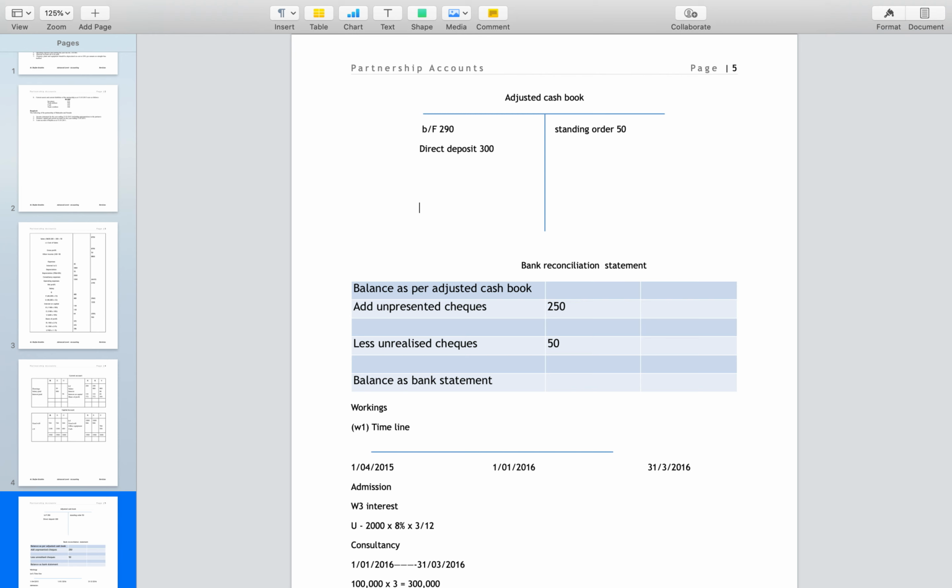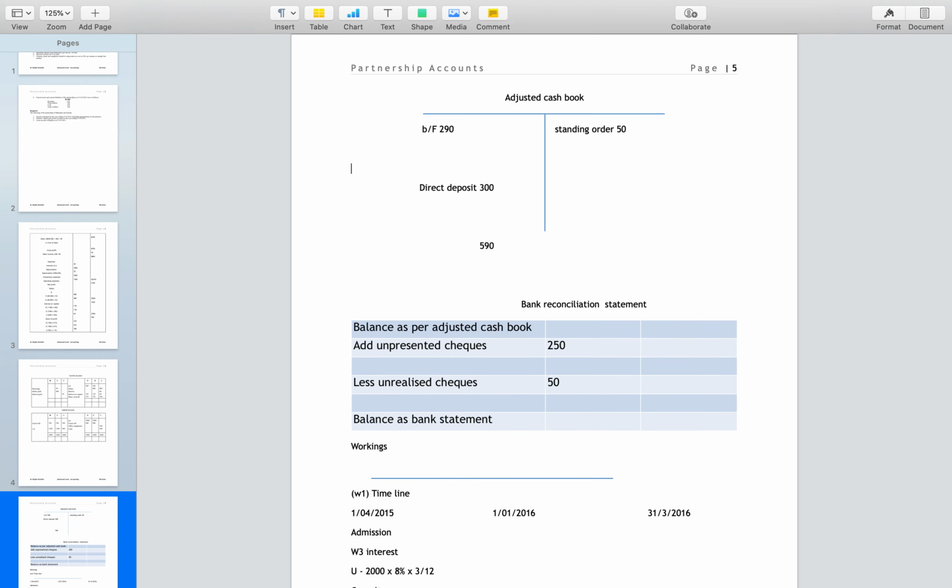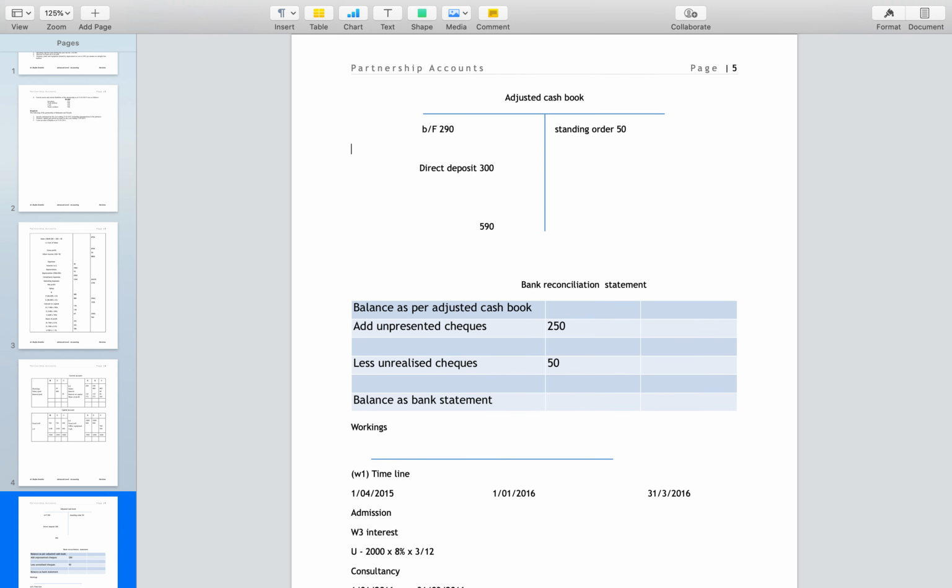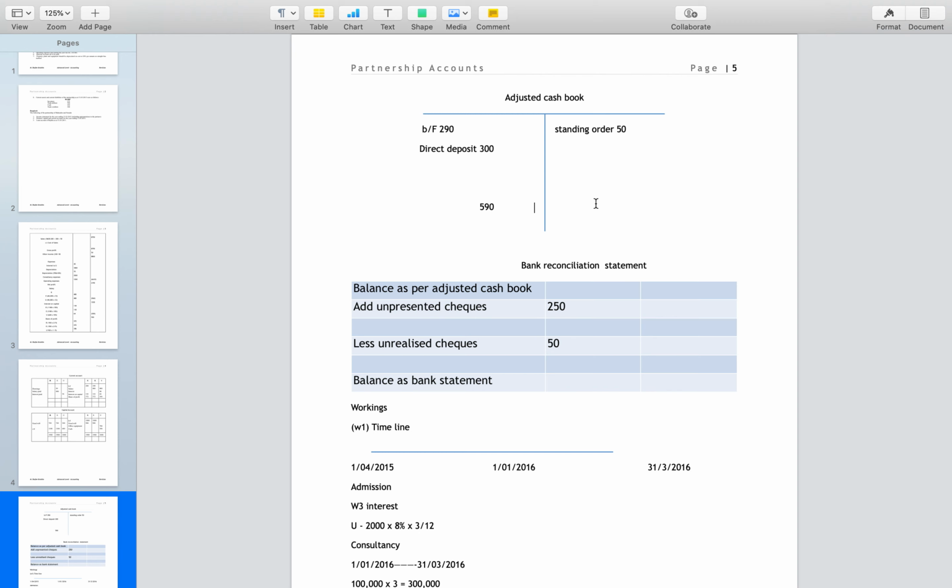So what you do, right? Point number 1, you add these two and take, so that will now be 590, right? And then so 590 on this side, right?